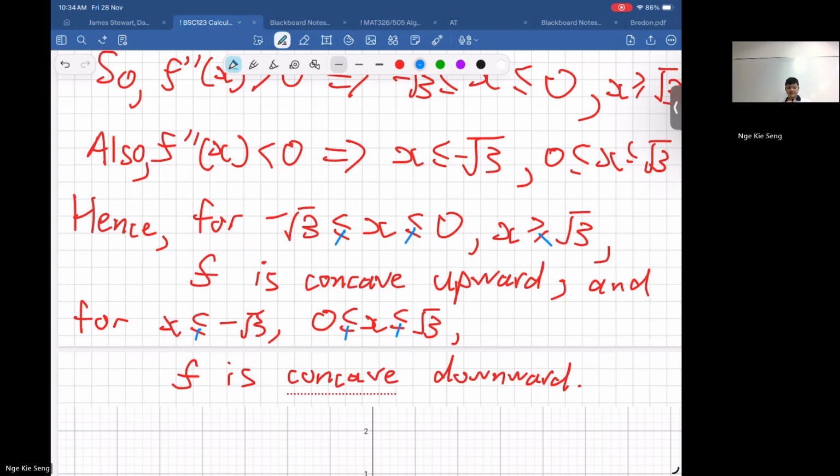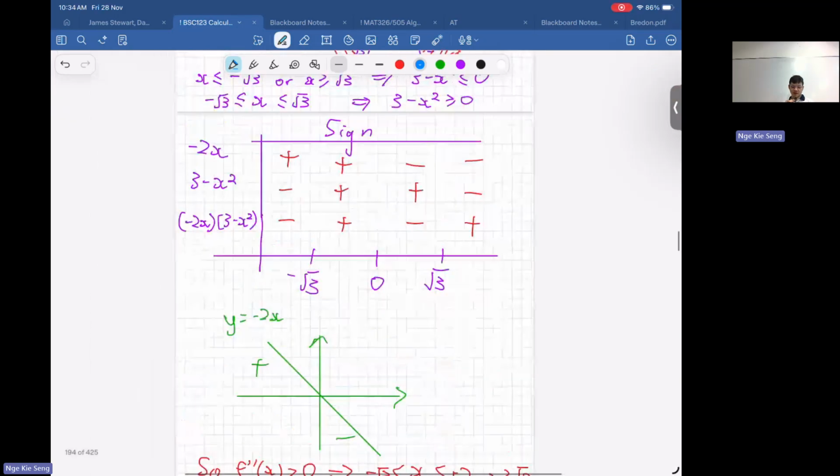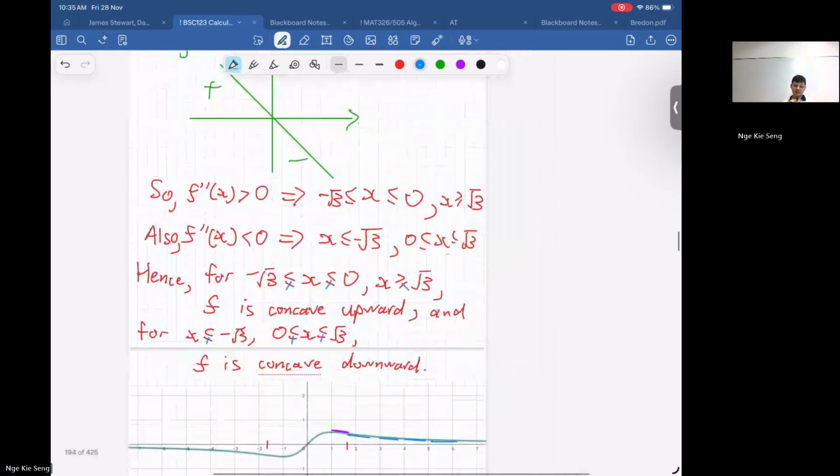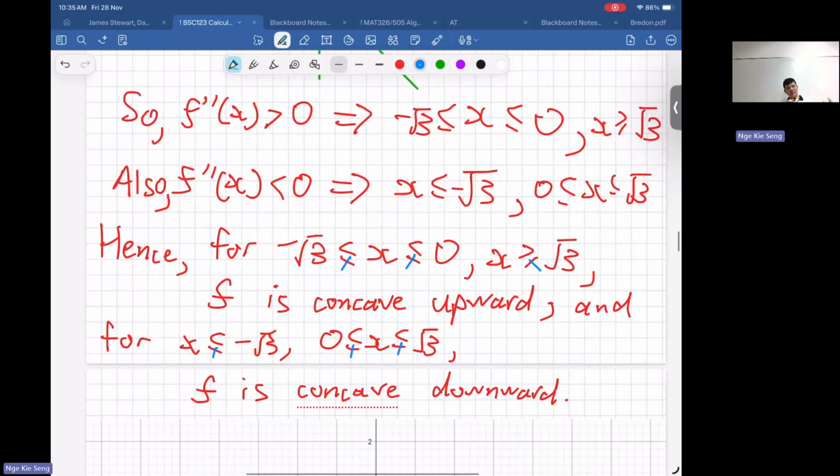It should be open, because if you substitute 0 or this endpoint into your calculation, you also get 0. In quiz 2 we already said that concavity does not happen on the closed interval. It should happen in the open interval. So this one is actually wrong, right?